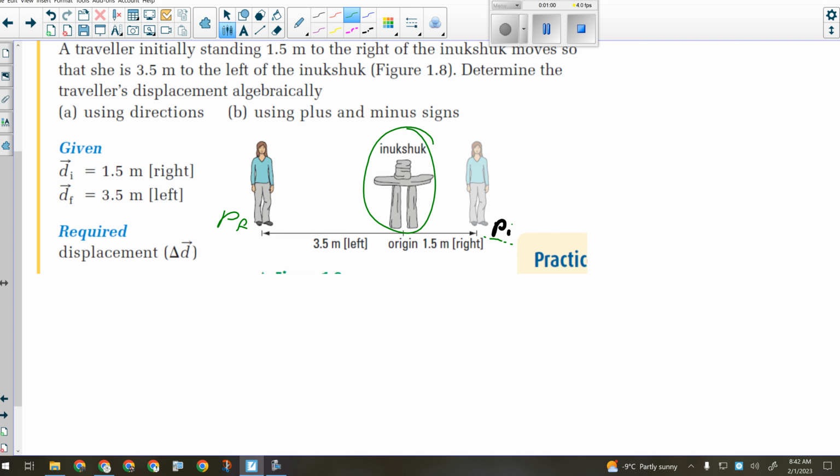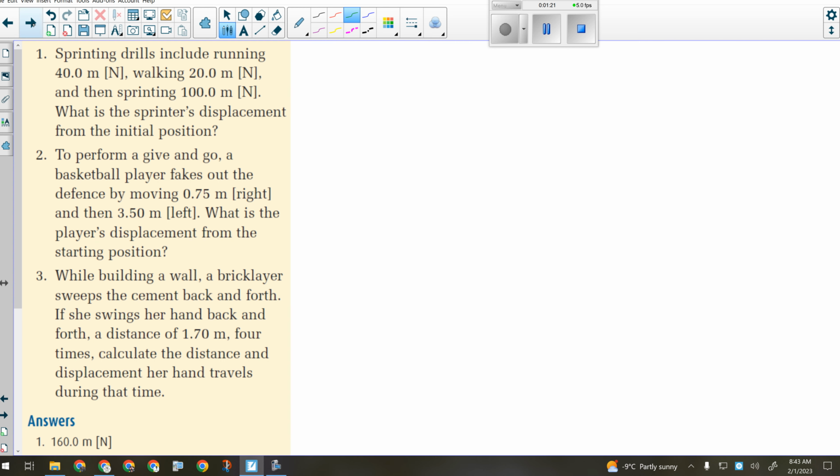We were told that the person started 1.5 meters to the right of the Inukshuk. The Inukshuk was a reference point. Lots of questions are going to give you reference points so that you know where the question begins and where your initial position and final position are in relation to each other and that reference point. So we'll look a little bit at that today as well.